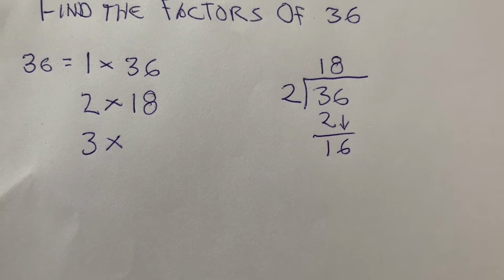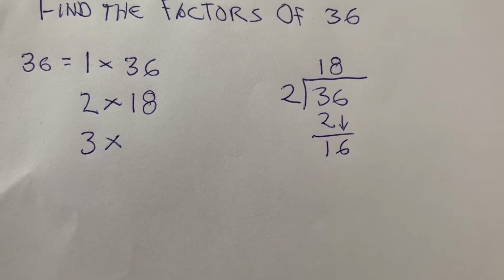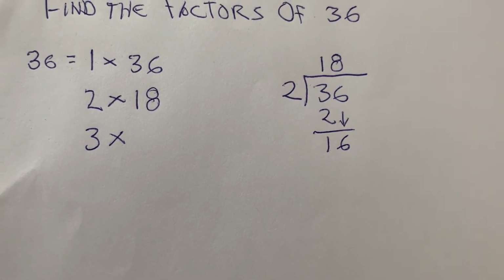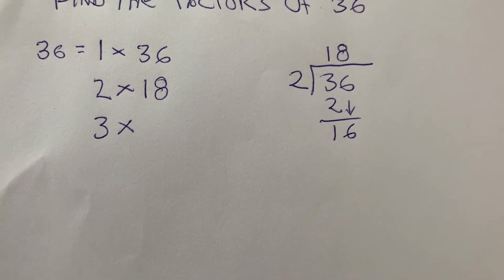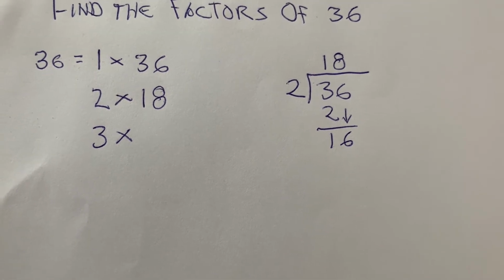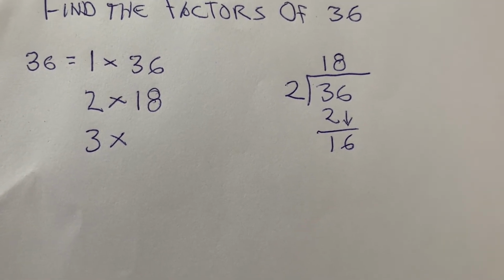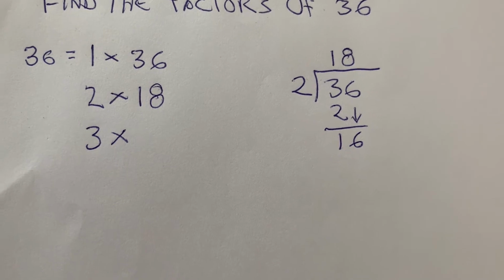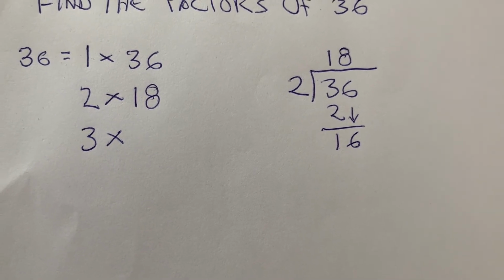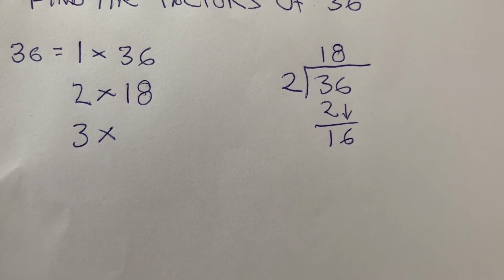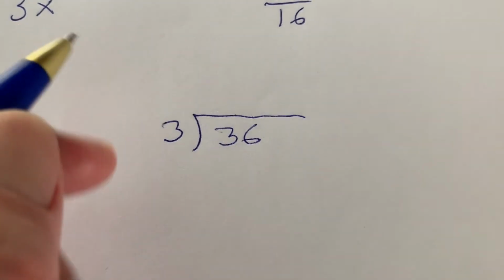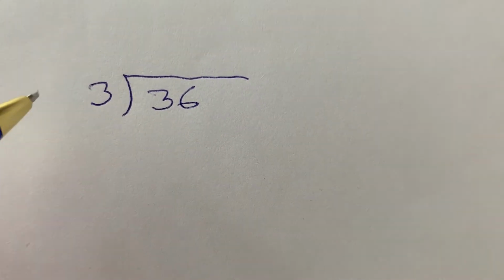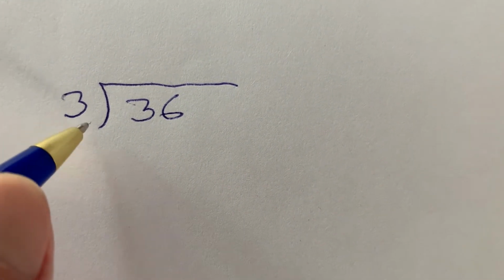We're not sure, so we do the division. Look to the right. 36 divided by 2 is 18. 18 times 2 is 36, or 18 plus 18 is 36, right? Then we're going to try 3. 3 times something. Can it equal to 36? Let's try. Okay, so we're going to divide 36 by 3 to see if 3 is a factor. 3 into 3 is 1 time.